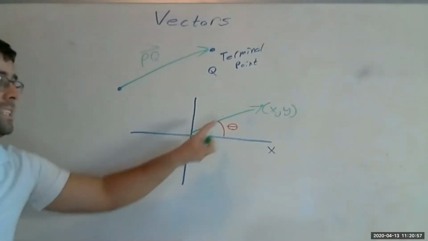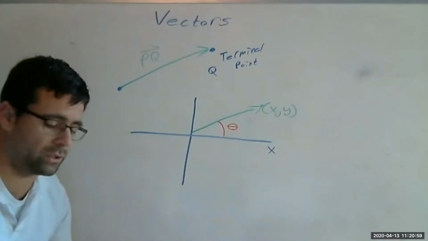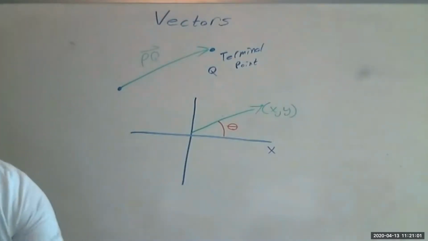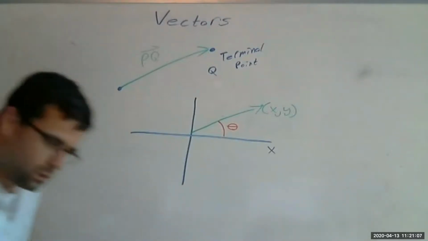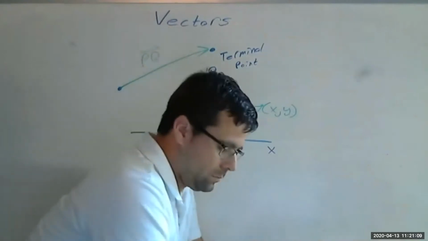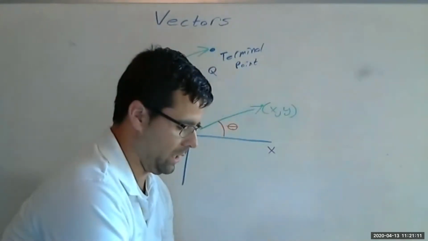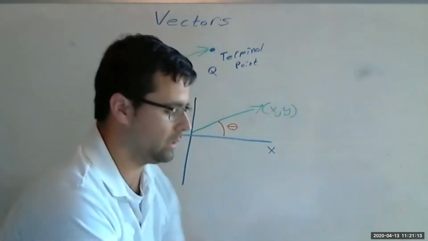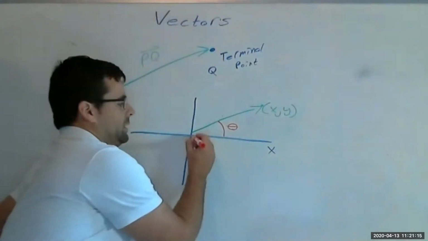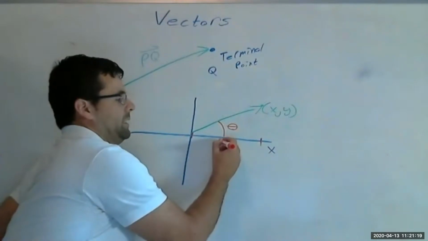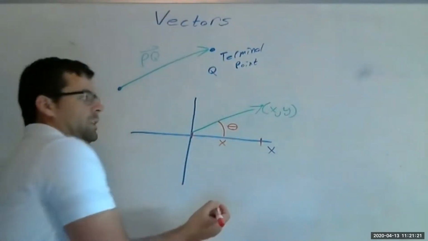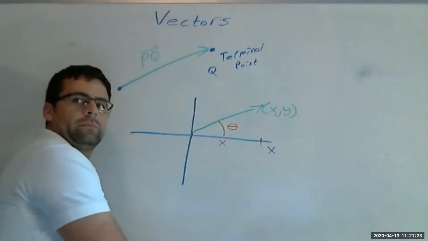X is how far you have to travel in the x direction to get to the point. You also have to travel in the y direction, but you still travel in the x direction. So x is this distance right here.